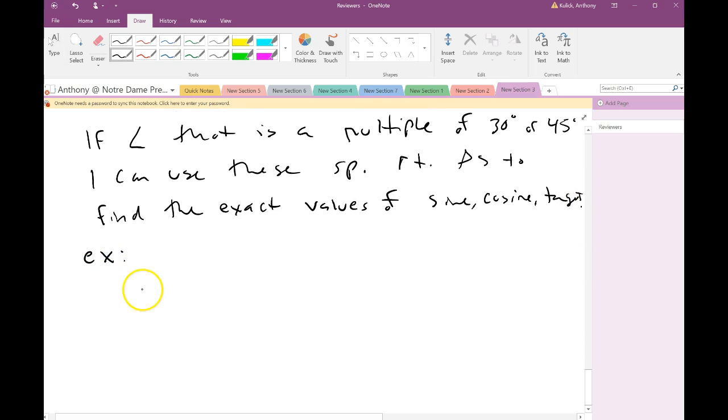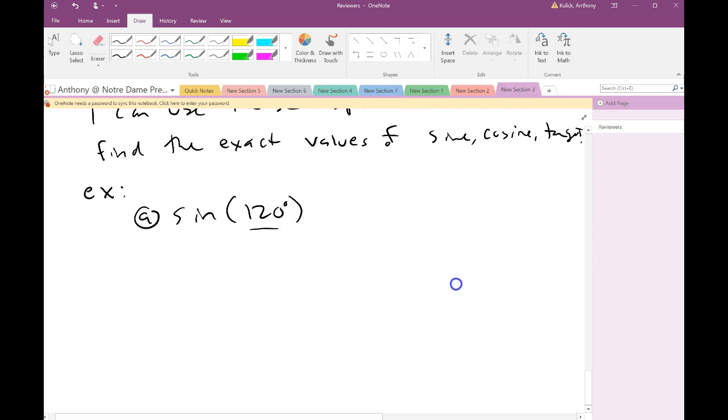So an example, maybe I want to find sine of 120 degrees. Notice that this is a multiple of 30 degrees.